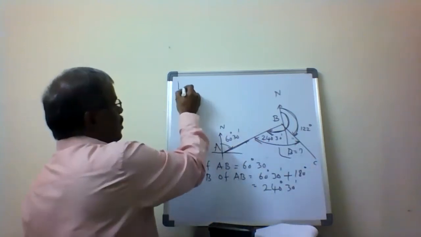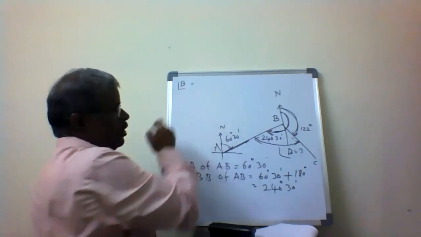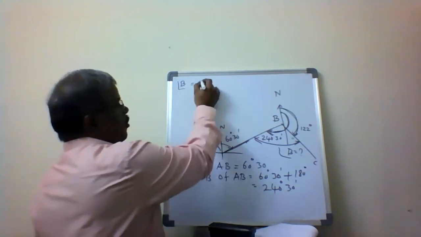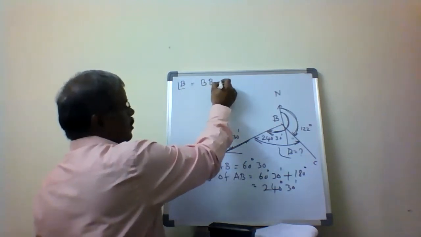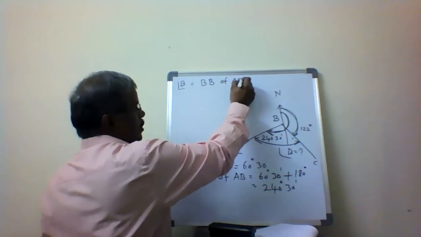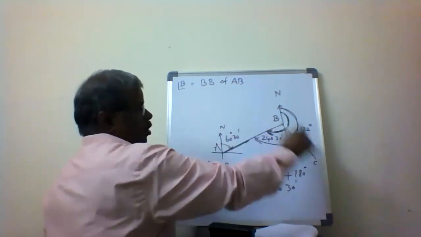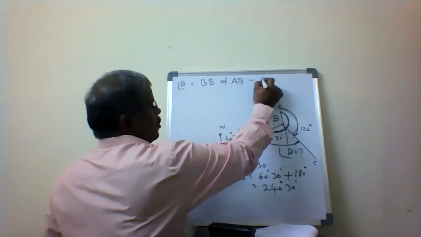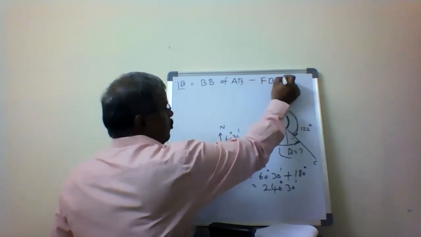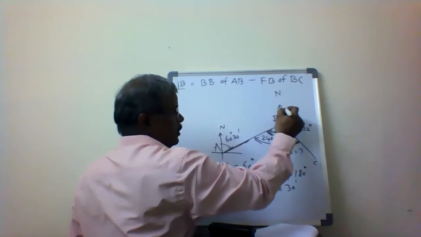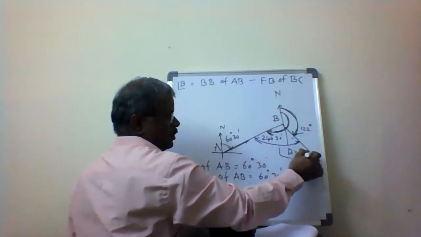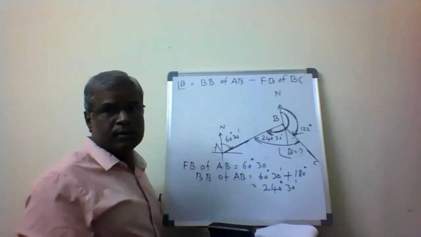So angle B equals the backward bearing of AB minus the forward bearing of BC. The forward bearing of BC is 122 degrees.